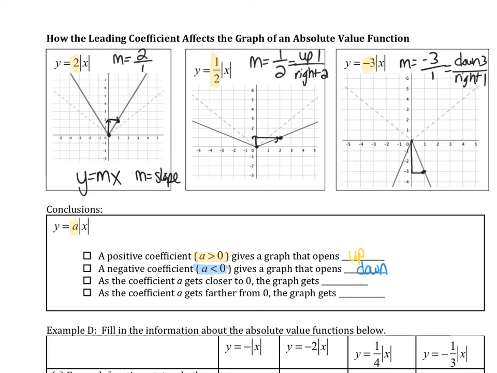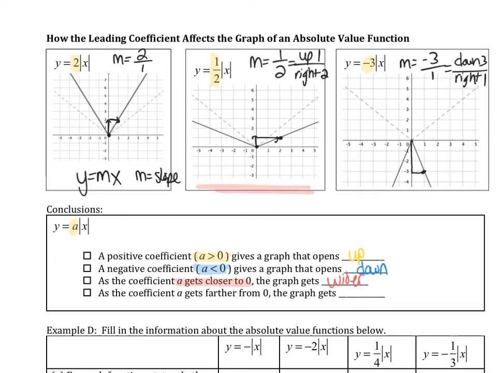But then notice as the coefficient a gets closer to 0, what happens to the graph? The closest one to 0 here would be this picture, because 1/2 is closer to 0 than 2 and -3. What happened to that graph? It got wider.